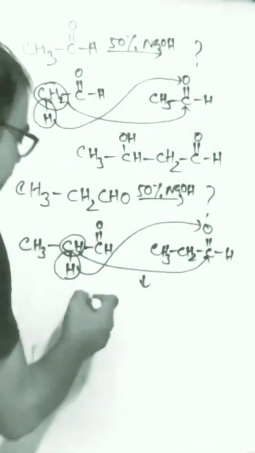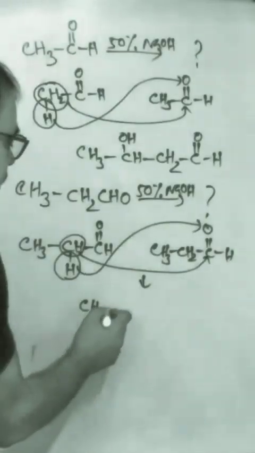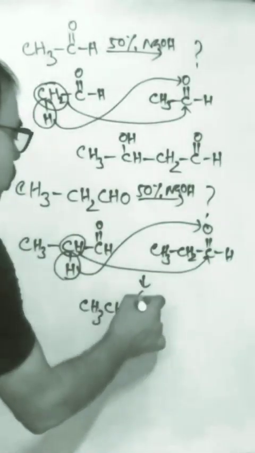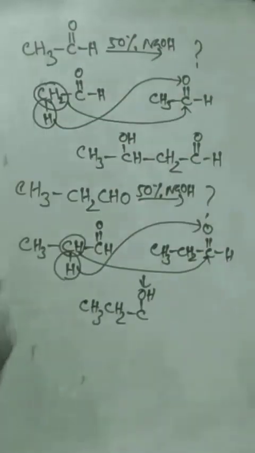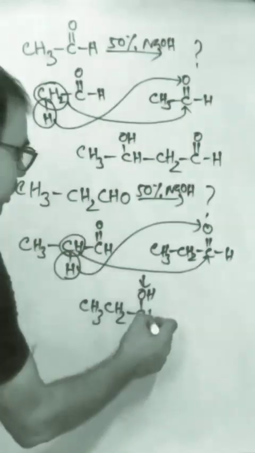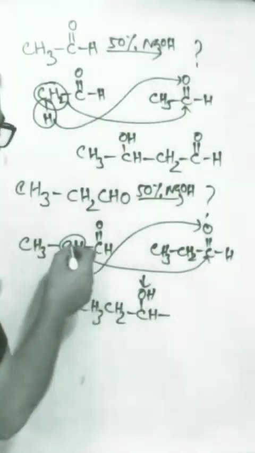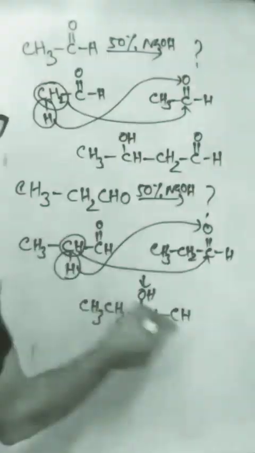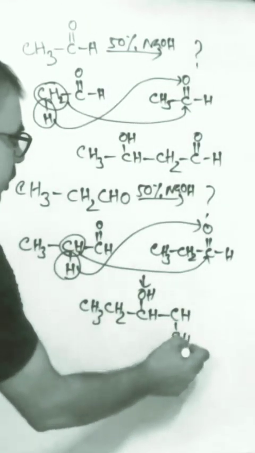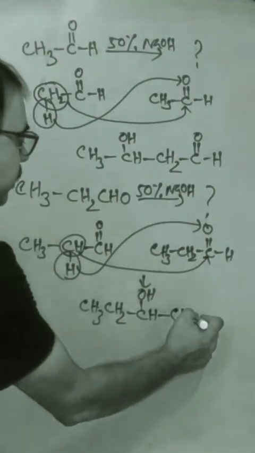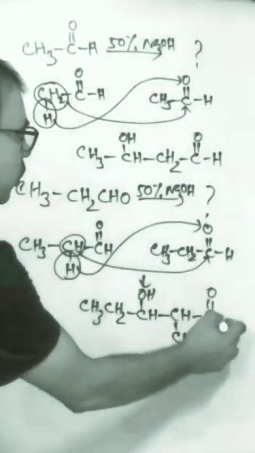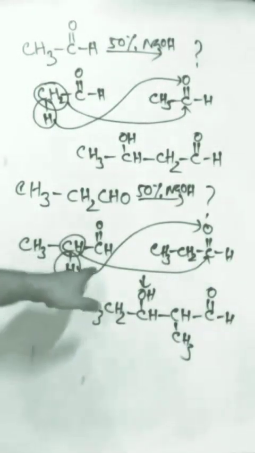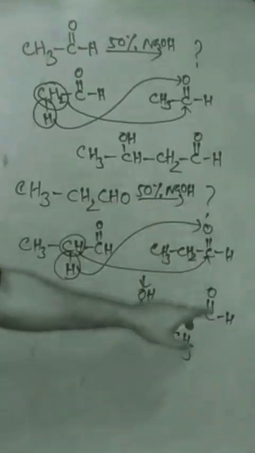Okay, so here is CH3, then CH2, then C, single bond O and H comes from this alpha hydrogen, then hydrogen is there, then the bond continues with the alpha carbon, so that's CH, and CH has a CH3 group also, so here the CH3, and then the bond continues with the aldehyde group C double bond OH. So that will be the product if we treat propanal with 50% NaOH solution.